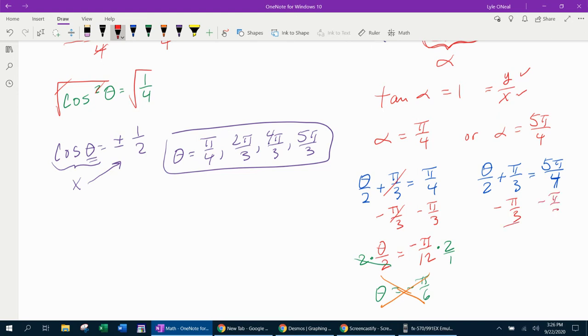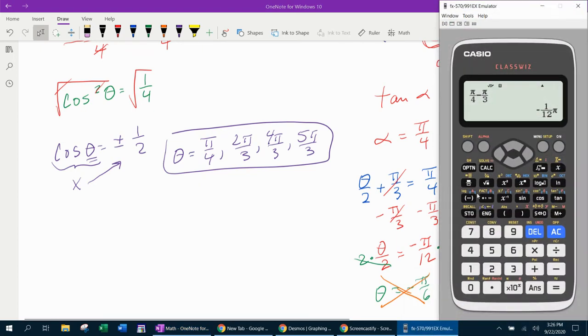Subtract pi over 3 from both sides. And that's going to give me theta over 2 equals, and then we're going to need to calculate that. 5 pi over 4 minus pi over 3, that is 11 pi over 12.